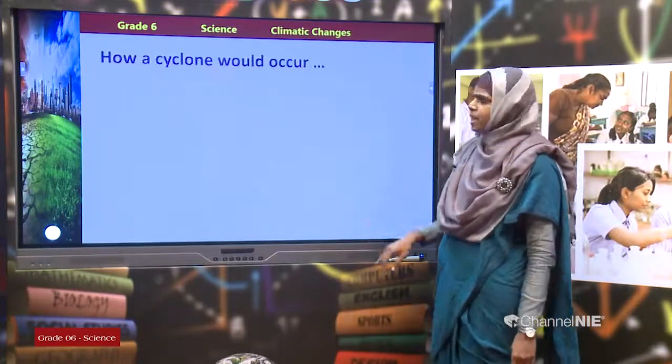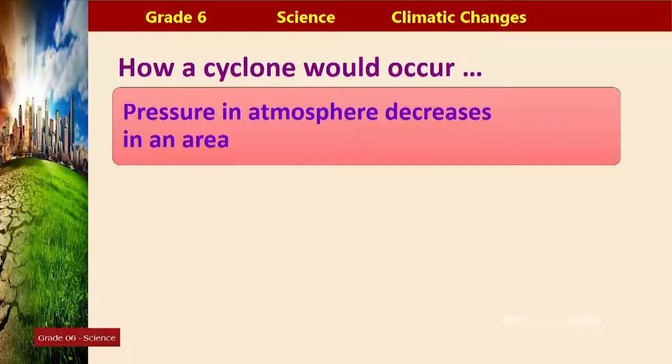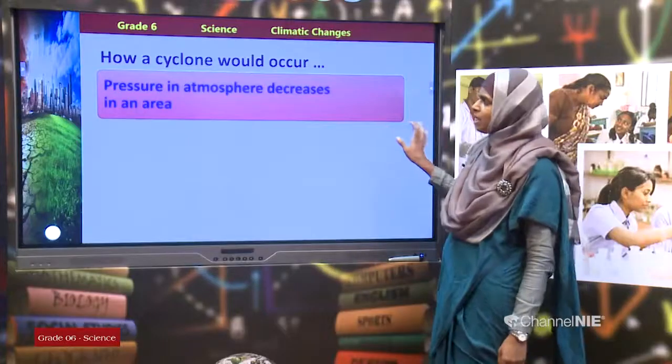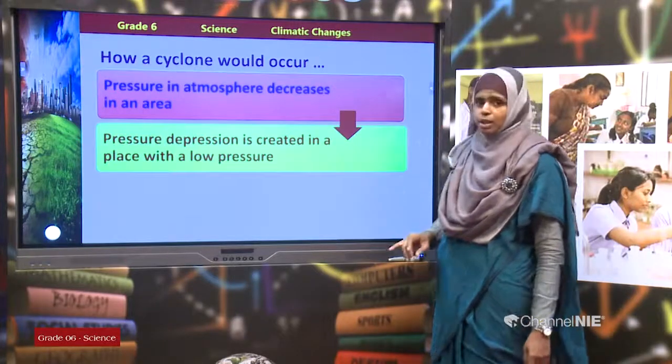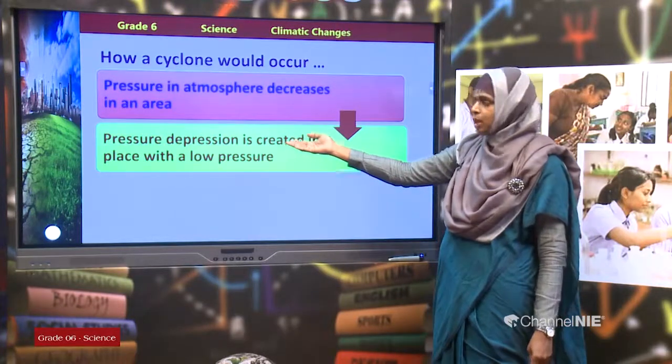Let's see how a cyclone would occur, children. Do you know how a cyclone would occur? What would happen first? Yes, in the atmosphere, the pressure decreases, children. In an area, naturally this might happen due to various climatic changes, weather changes. The pressure of the atmosphere can decrease. In an area, if the pressure decreases from the surrounding area, we call it a pressure depression.